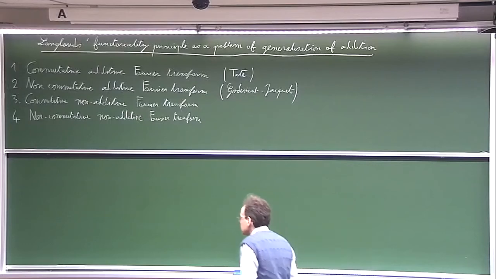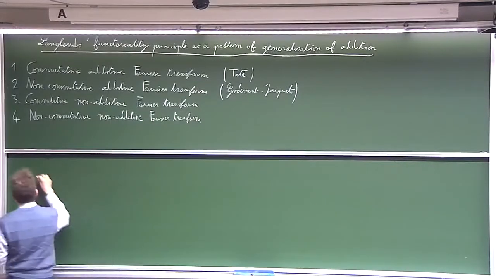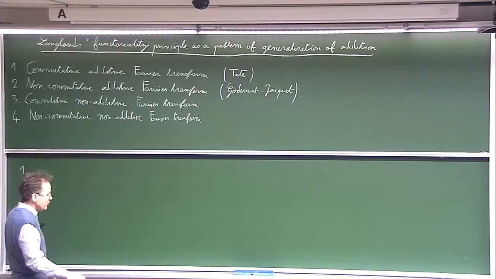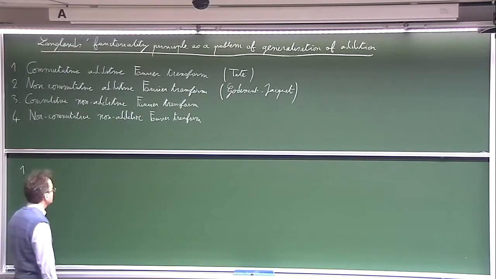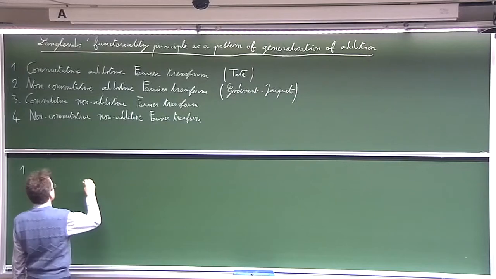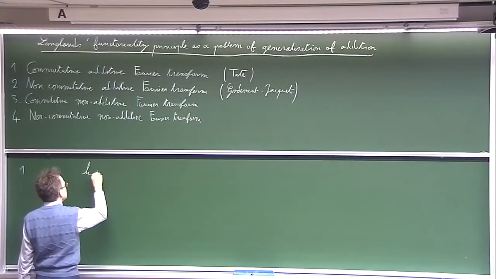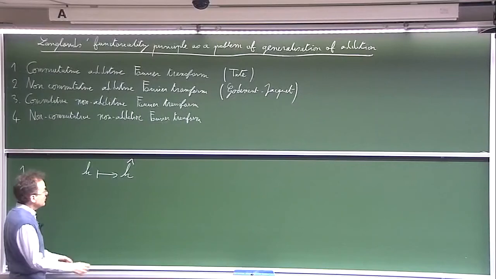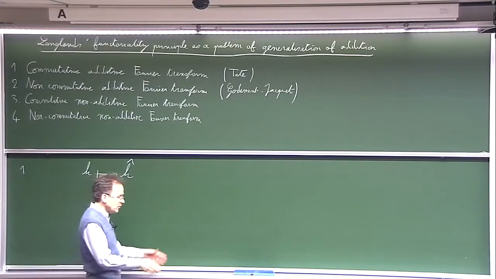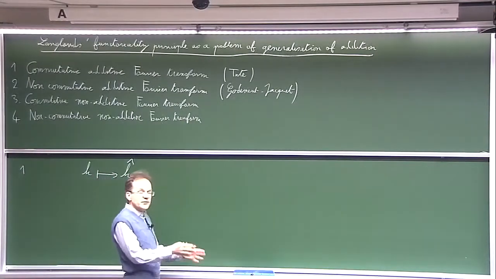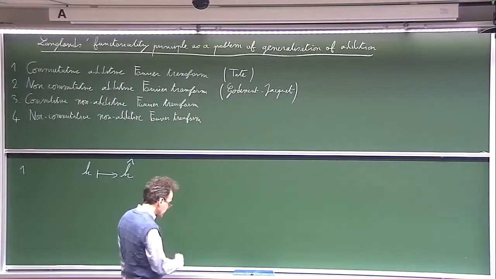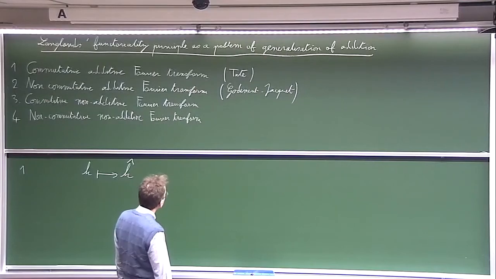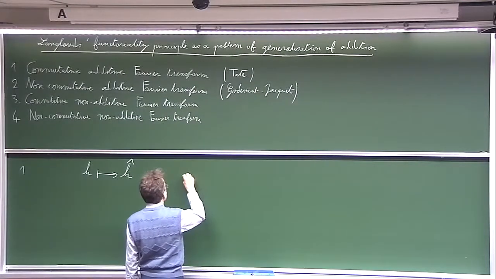So I begin with the first part. The first part is the very classical Fourier transform. The Fourier transform is defined for functions over some space. We will immediately make precise which type of spaces we consider. So how is it defined?